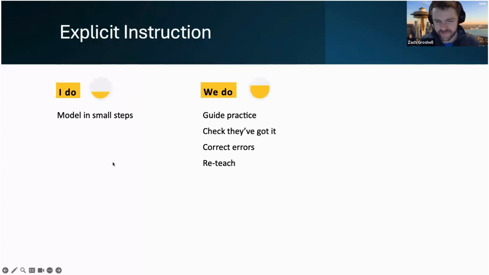It then proceeds from an I do phase where I show you how to do something and I do all the cognitive lifting to you doing it, but you're doing it with me. I'm not just going to throw you into the deep end of the swimming pool and watch you drown. I'm going to make sure that you have all the supports that you need, and I'm going to check that you understand all of these things before you move on.